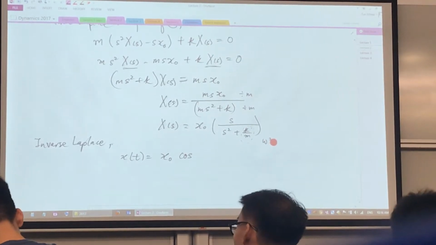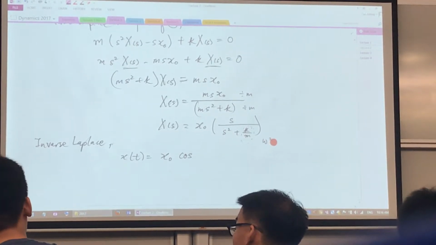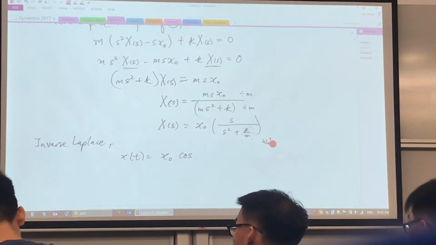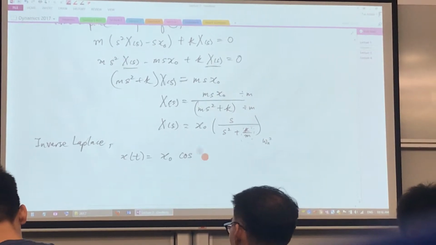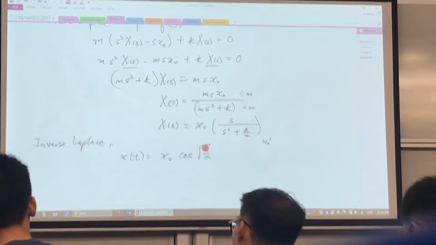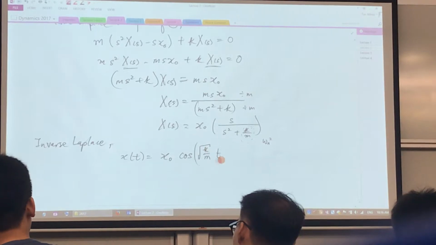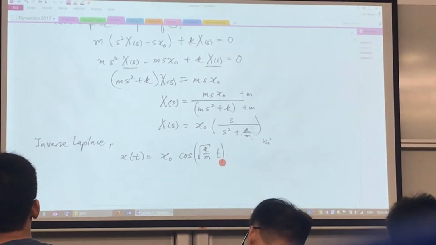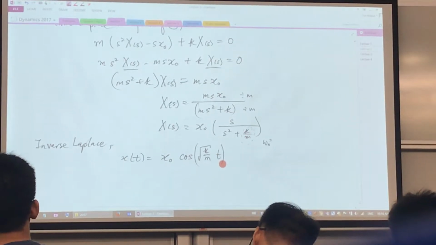But in this case, because it's an undamped response, that means no damping, so it's the natural frequency. What that means is that this term over here will be square root k over m t.